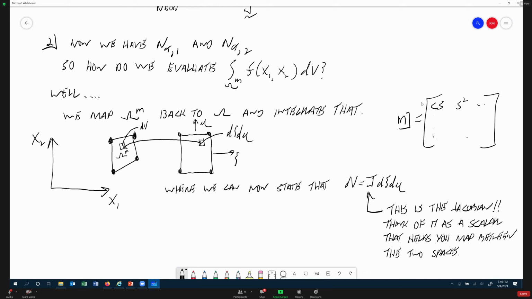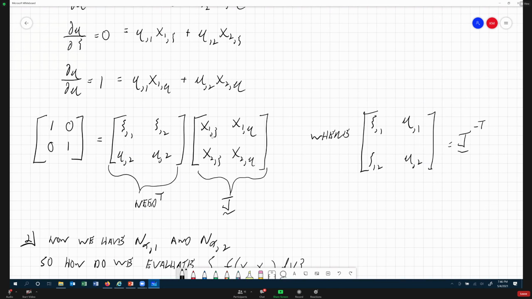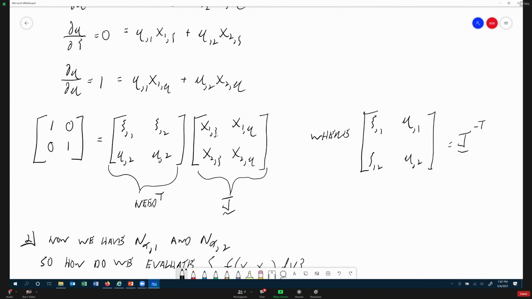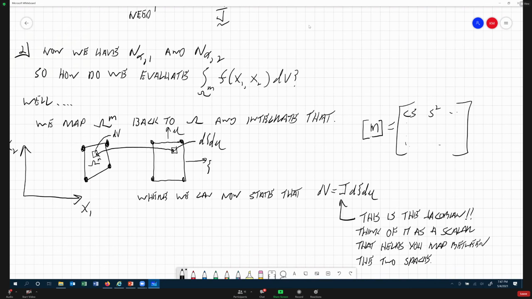And that's what we used in that exercise to map from a local to a global and back. We had an M matrix. Is that our basis function? It was our basis functions, yeah. That's exactly what the Jacobian is. And the reason they say it's a scalar is that when you take these partial derivatives, you get scalars. So it's a scalar matrix, but that's what you want to think of it as.